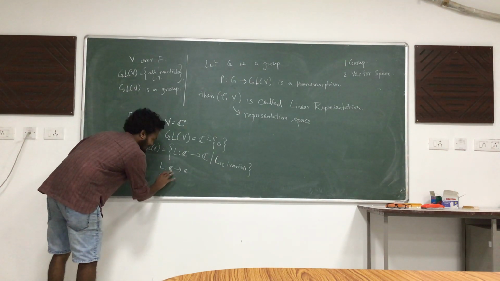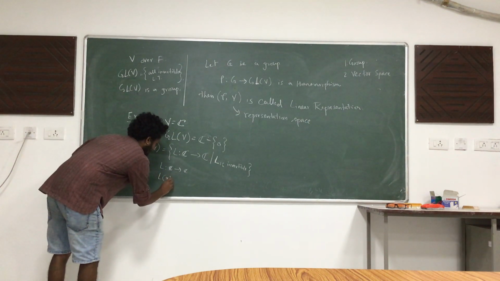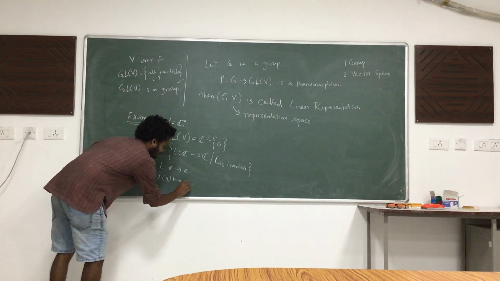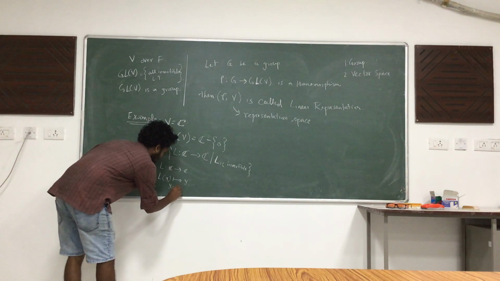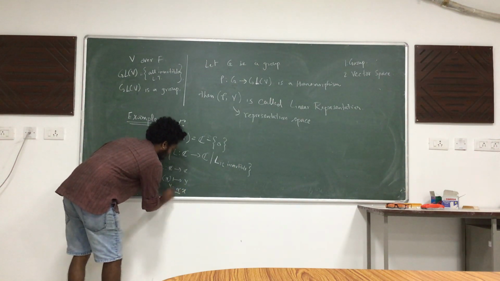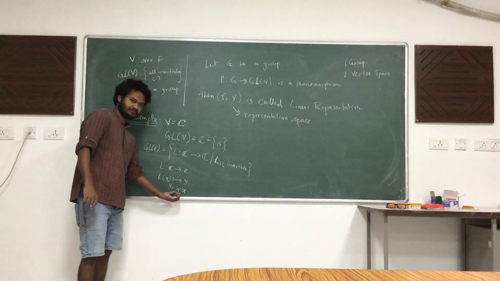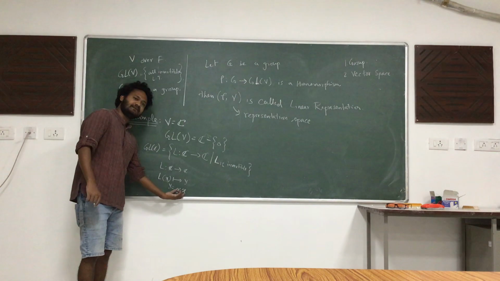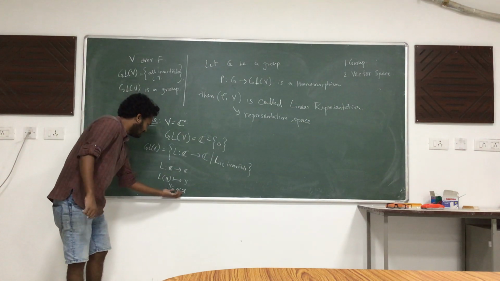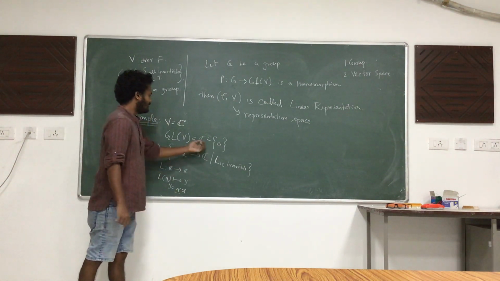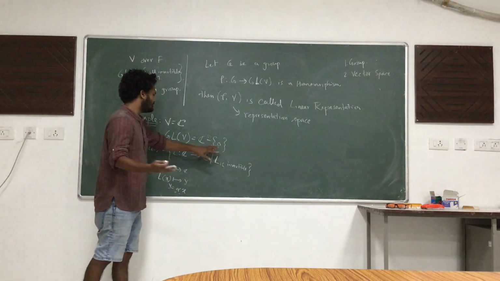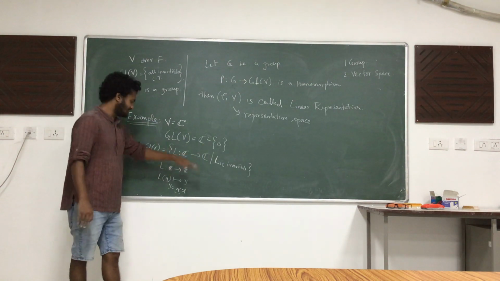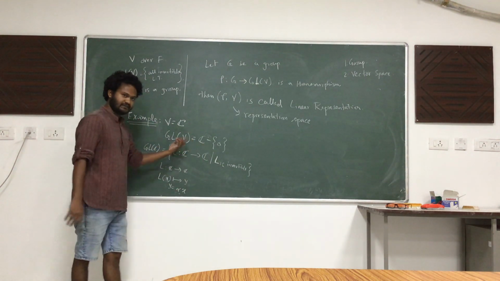L will take some element from C, let us say X, and it will deliver some element Y. And let us say this is alpha times X. If you just multiply some alpha to X, that is a linear transformation. Right? So this is nothing but all invertible, essentially, if we exclude the 0 from C, the complex number, then that's GL.